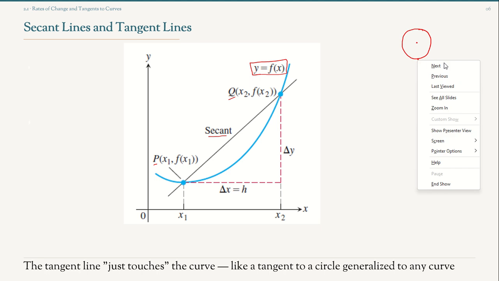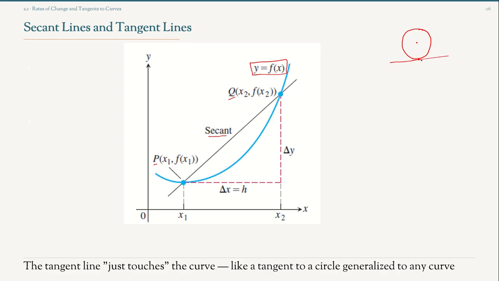So if this is the point and we draw a line which touches the circle at the point, then we can say this is a tangent line. Similarly, over this graph, at a point, if we draw a line touching it, then this line is a tangent line.